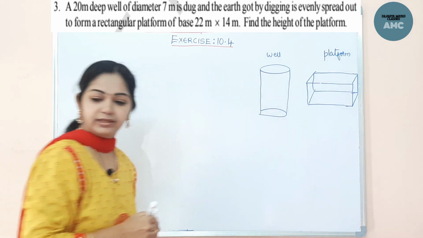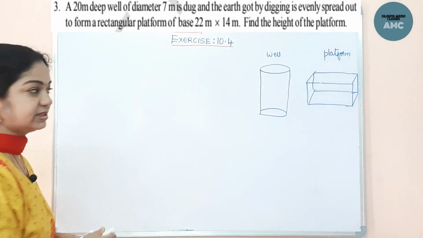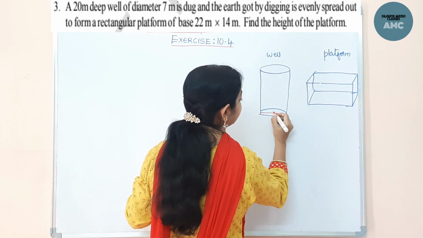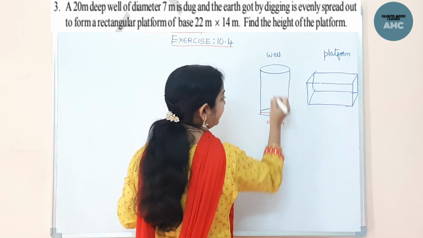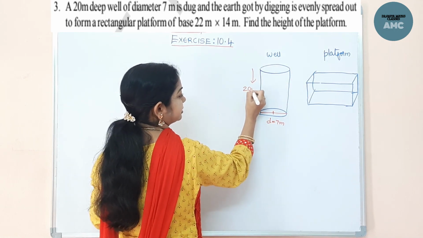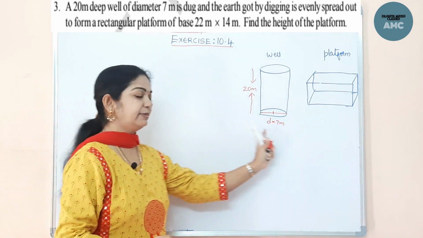Okay, now the dimensions given here are 20 meters deep and 7 meters diameter. Here the diameter is 7 meters. D equal to 7 meters, and deep means the height, 20 meters. This well is dug 20 meters, and the diameter is 7 meters.